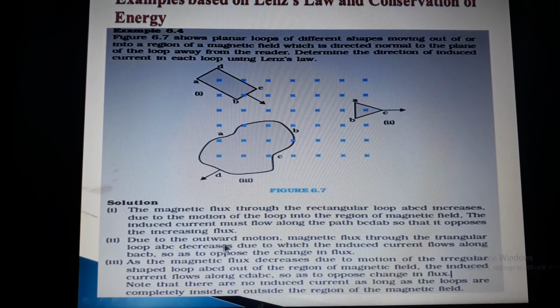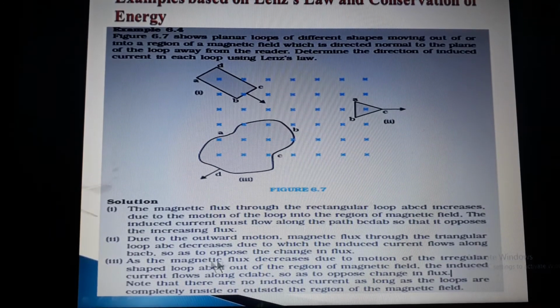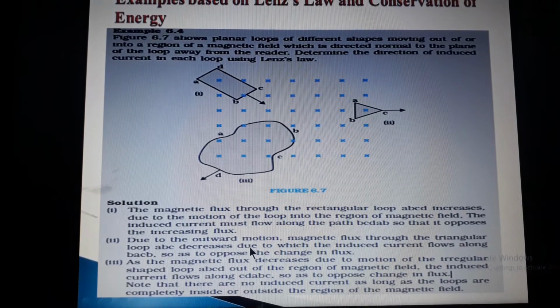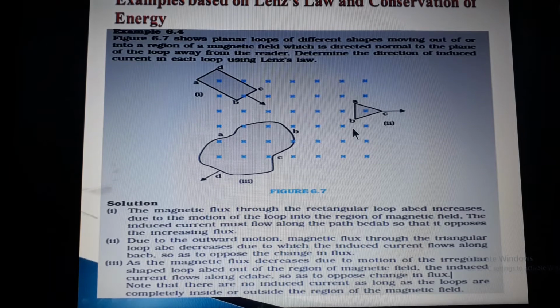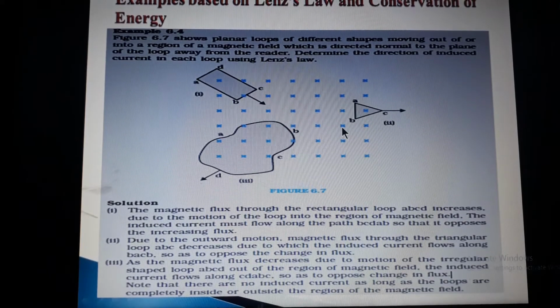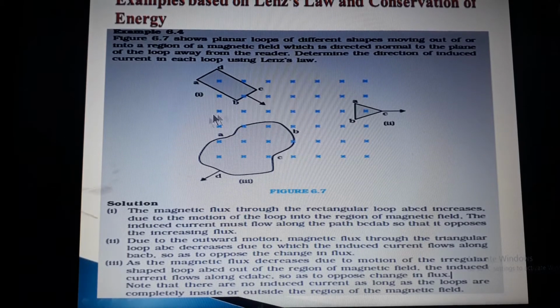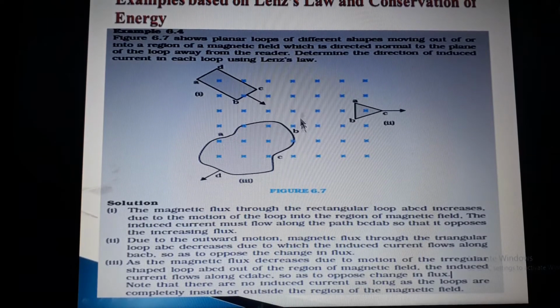Due to outward motion, the magnetic flux through the triangular loop ABC decreases, and due to this the induced current flows along BACB, which means clockwise direction.